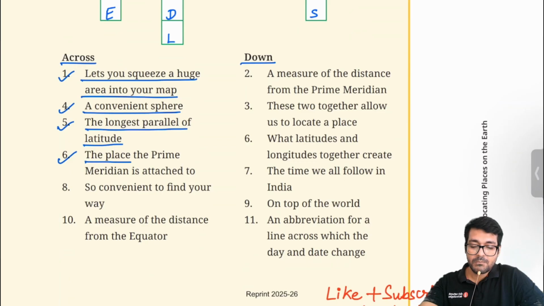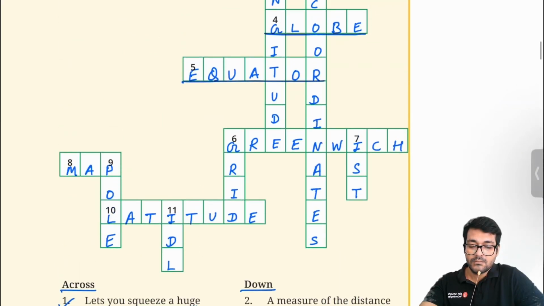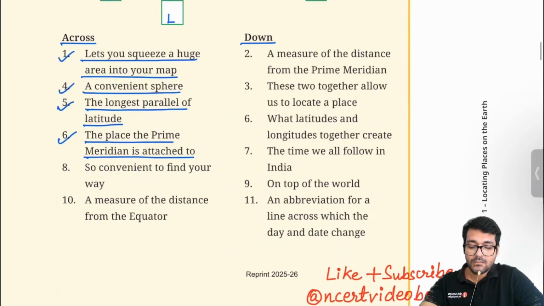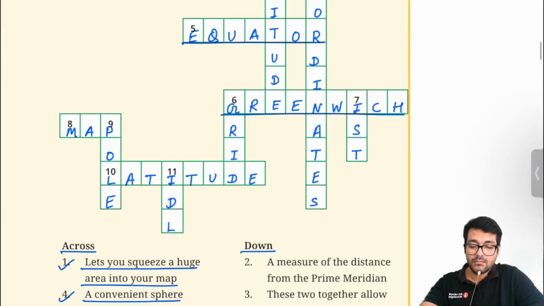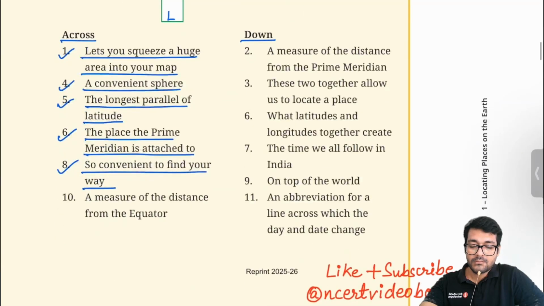6. The place the prime meridian is attached to. Greenwich. 8. So convenient to find your way. Map. 10. A measure of the distance from the equator.